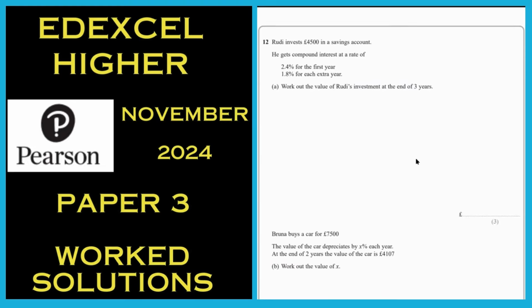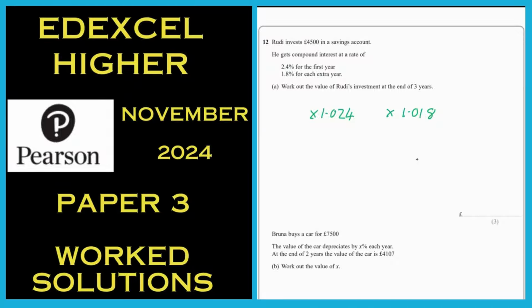We've got a savings question, and it's a bit like the reverse percentages a couple of questions ago. Write down your multipliers. If you are increasing by 2.4%, your multiplier is 1.024. Let's stick a 4 on the end. Do the same for 1.8, 1.018, with an 8 on the end.